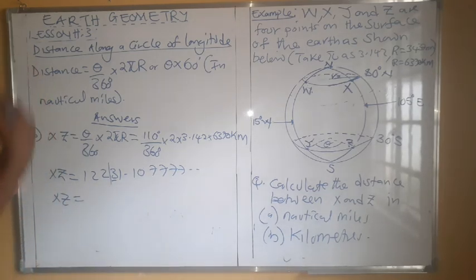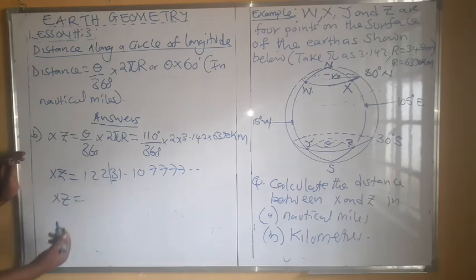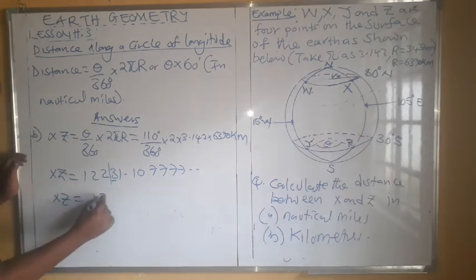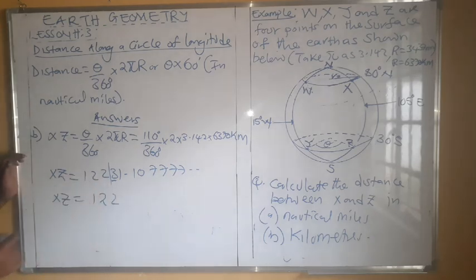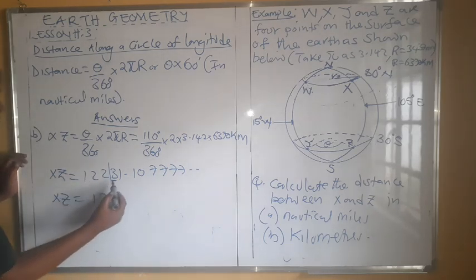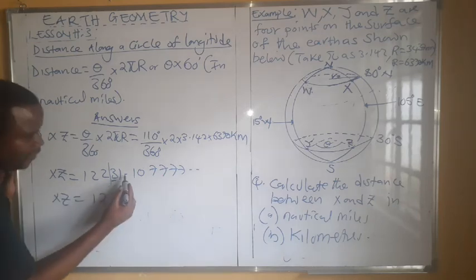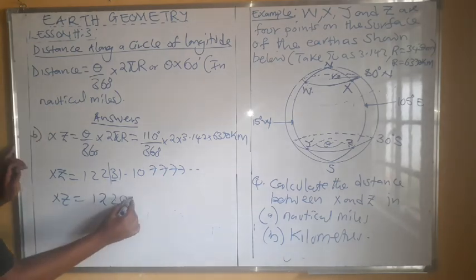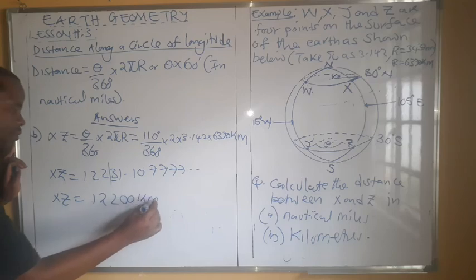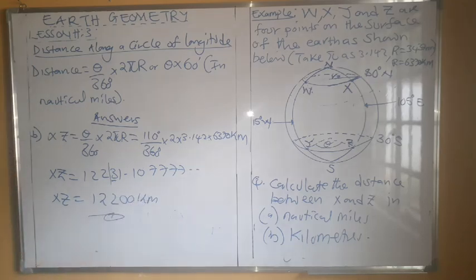Why? Because it's below 5. 0 plus this one, it's 2. So you have got 1, 2, 2. Now, because I've got 2 digits before the point, I'll add the 0. So 12200 kilometers. That is how you find the distance.